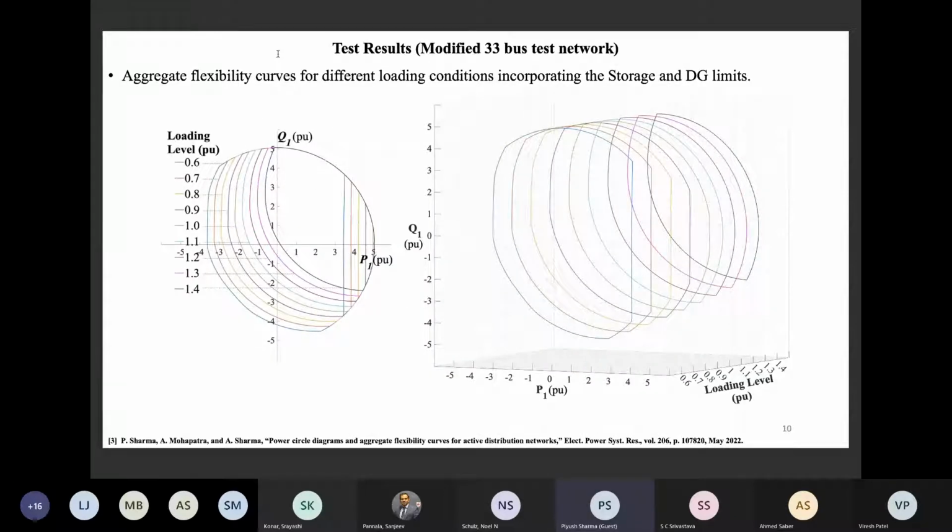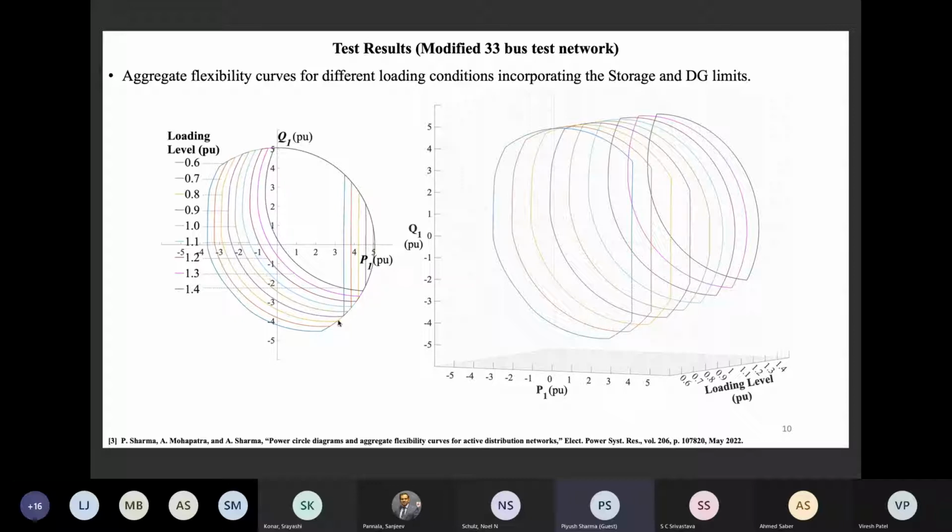Now, the results that we obtain are as follows. For the 33 bus distribution network, the aggregate flexibility curves were obtained for different loading conditions. Let us say for one per unit loading condition, this green curve we traced on the P1Q1 plane. P1Q1 represents the real and reactive power injected from the distribution network to transmission network at the interface bus.